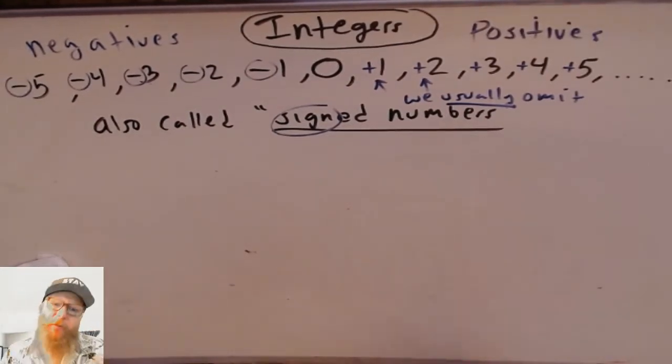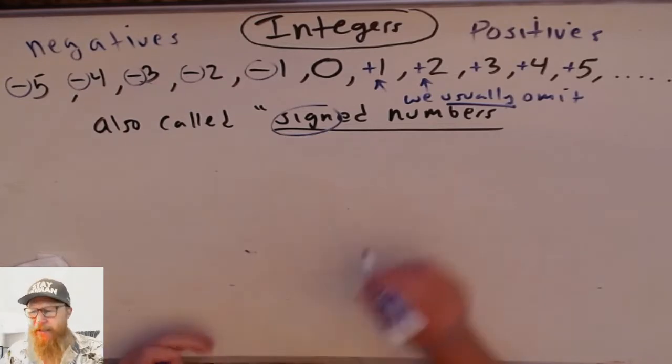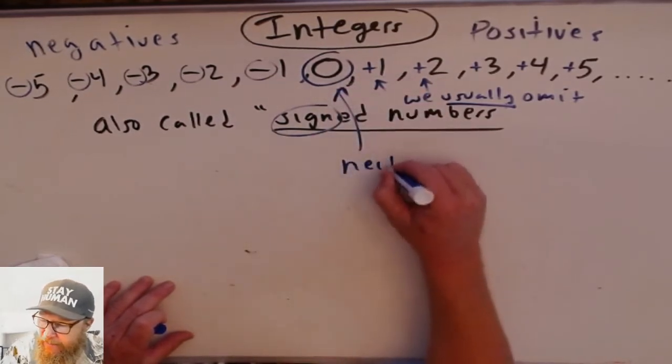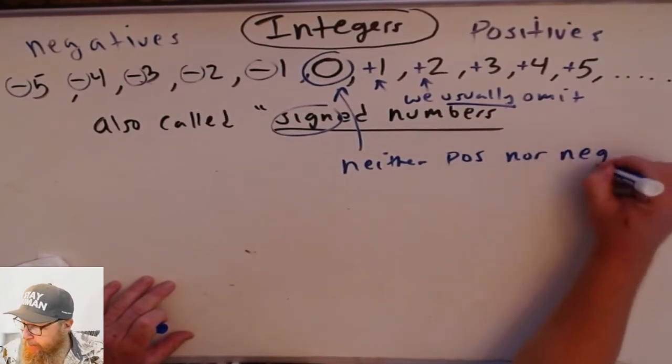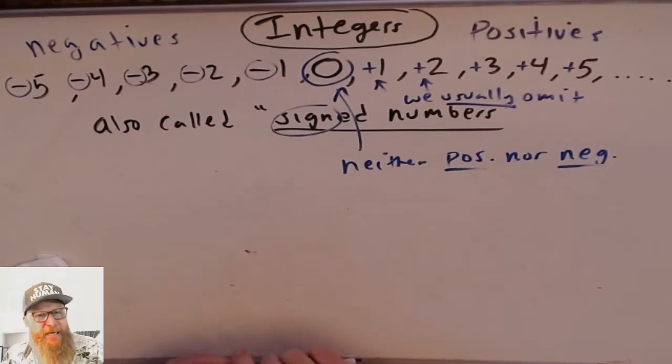Although if I really wanted to emphasize that it's there, I would emphasize that by putting the plus sign. And then 0 is considered neither positive nor negative. It's the only number that's neither positive nor negative.